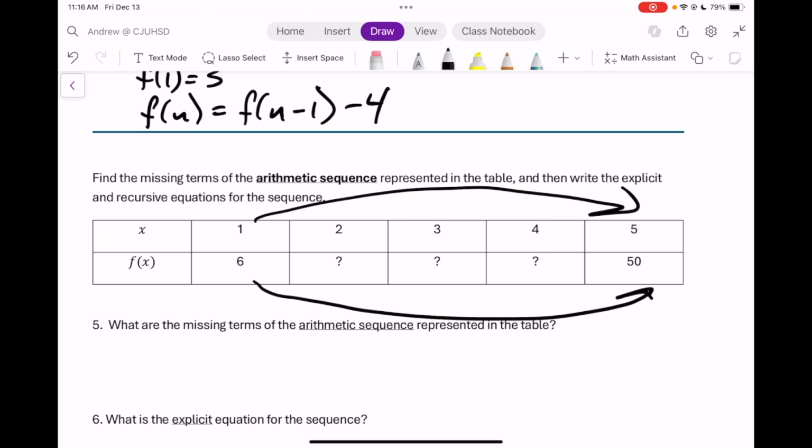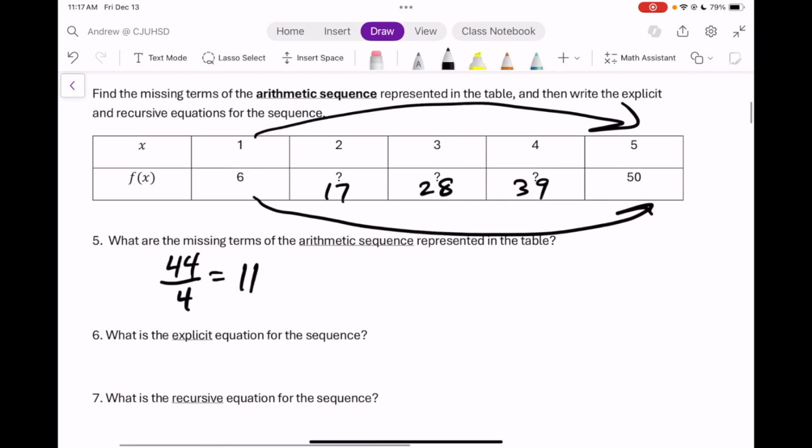To go from 6 to 50, you have to have jumped a total of 44. And to get there, you have to have jumped from 1 to 5, which is a jump of 4. That means the common difference is 11. So that makes this 17, and then 28, 39, and then 50.